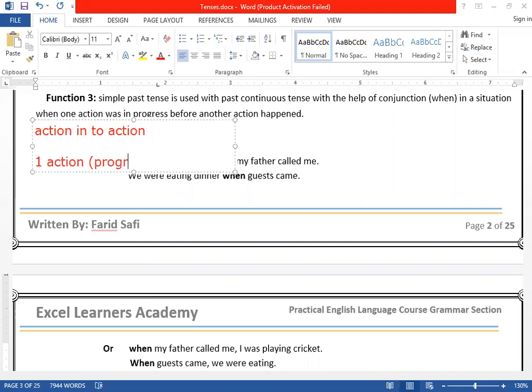Progress. When another action happened, this is one action, and what is another action? The second one. Let's take there over here the second one. Another action happened. Look, two actions are here.